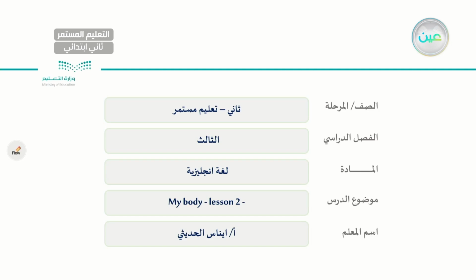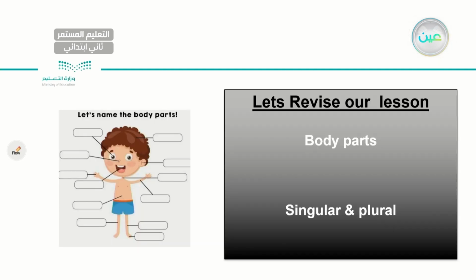So let's start. Bismillah. Let's start by revising what we have learned in the previous lesson. We were able to introduce different body parts: my head, a mouth, 2 arms, and we were able to differentiate between singular and plural body parts.